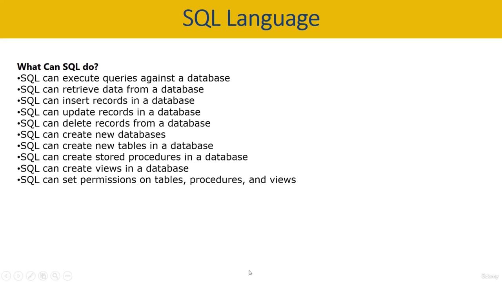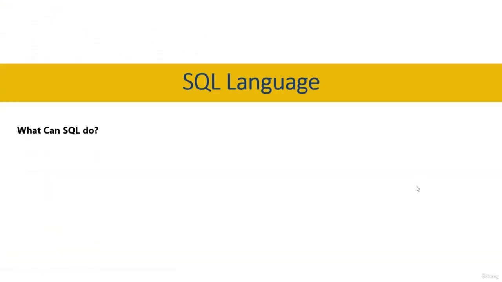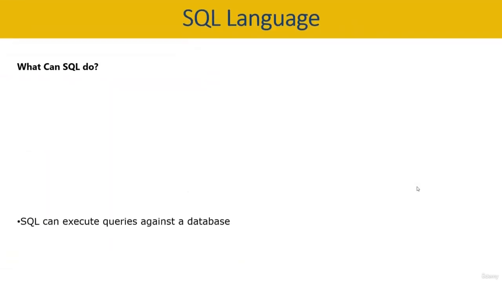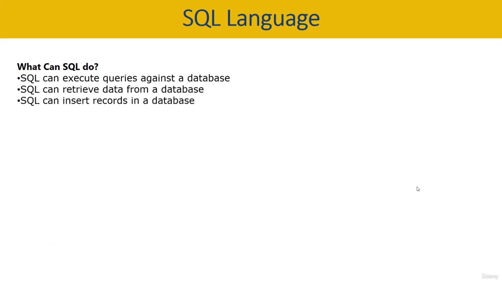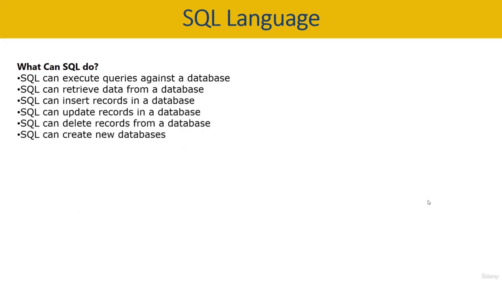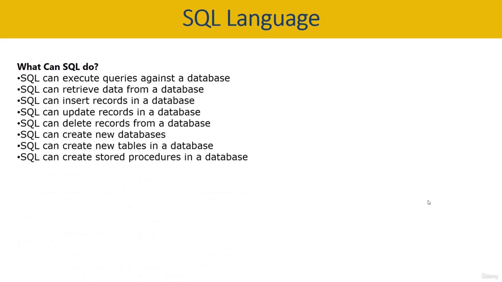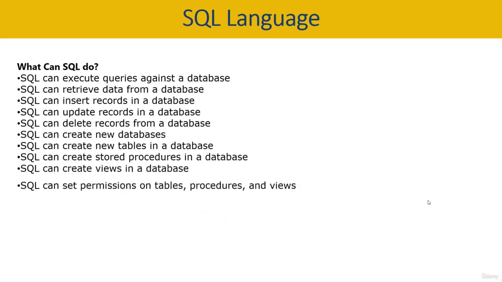You can apply permissions for a specific table, procedures, and views. So the point here: SQL can execute queries against a database, retrieve data, insert records, update records, and delete records, and we will be able to perform all these very easily.